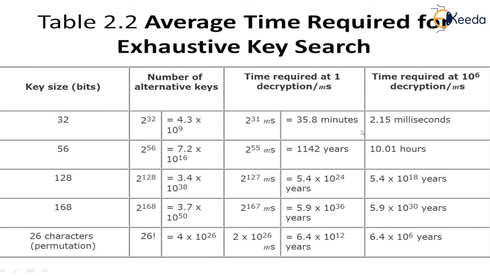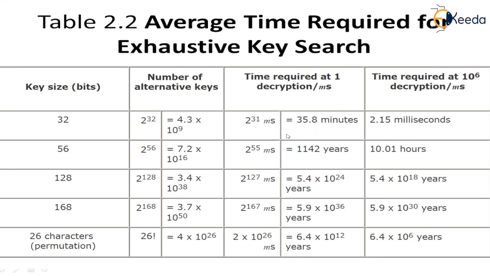As you see, the minimum 32-bit key requires 2.15 milliseconds at 10 to the power 6 decryptions per millisecond. For 1 decryption per millisecond, it is 2 to the power 31, which is equivalent to 35.8 minutes.